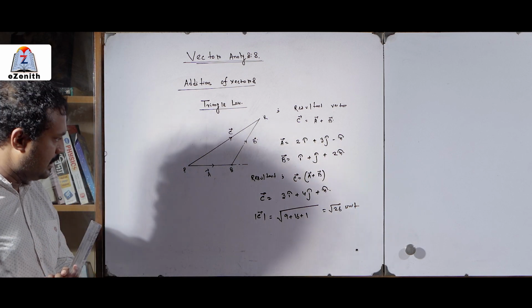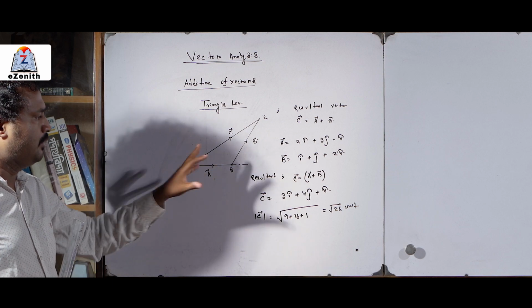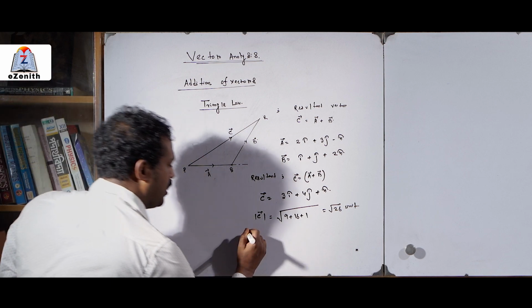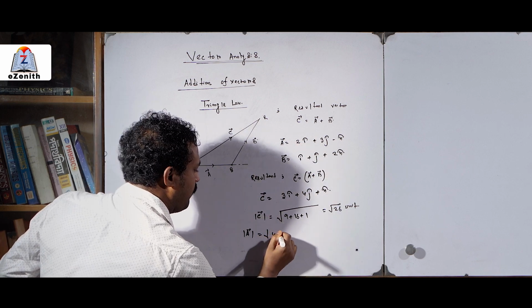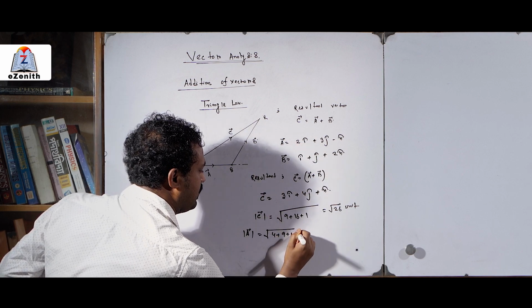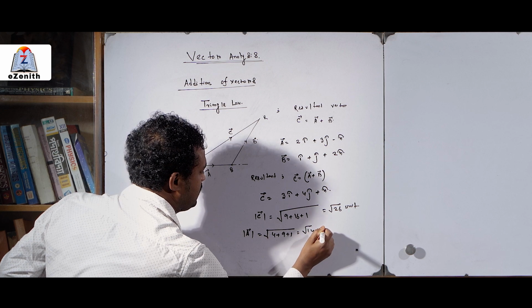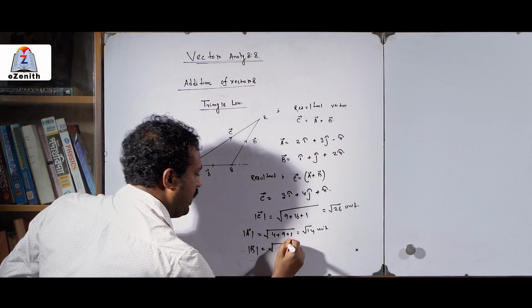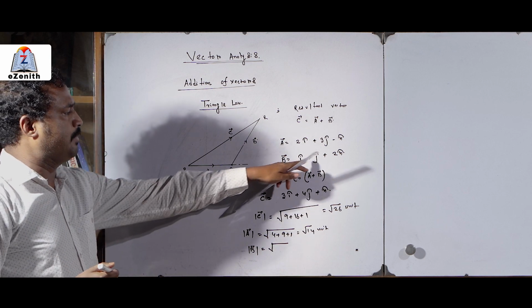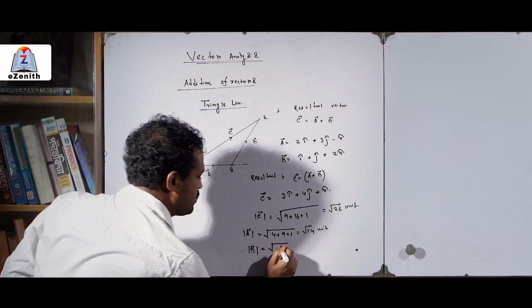And the interesting point here, in case of the vector triangle law, is that mod of A is equal to the square root of 4 plus 9 plus 1, that is root 14 unit. Mod B is equal to the square root of 1 plus 1 plus 4, that is root 6 unit.